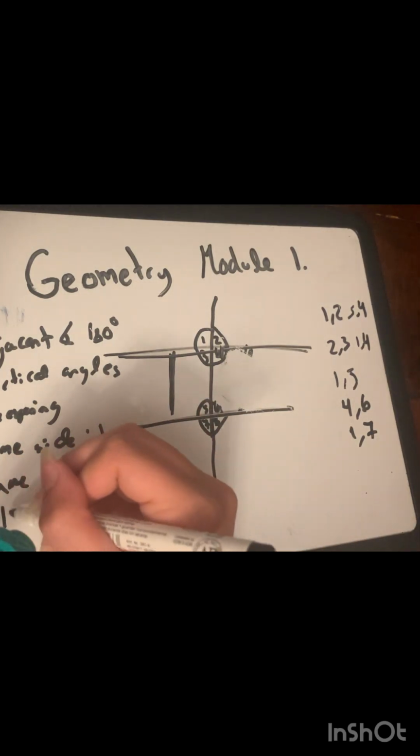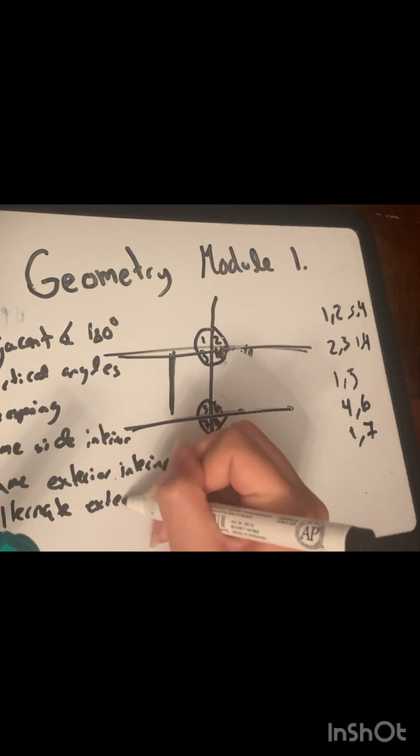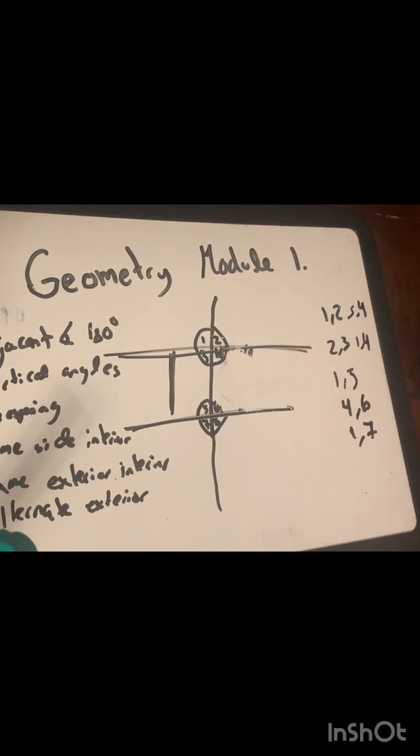Now, alternate exterior. By the way, forgive my handwriting, but there's just a lot. Alternate exterior angles. They're outside and they're alternates. Alternates is kind of like vertical angles, right?